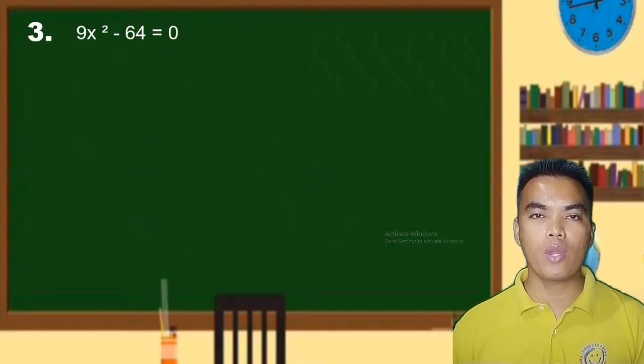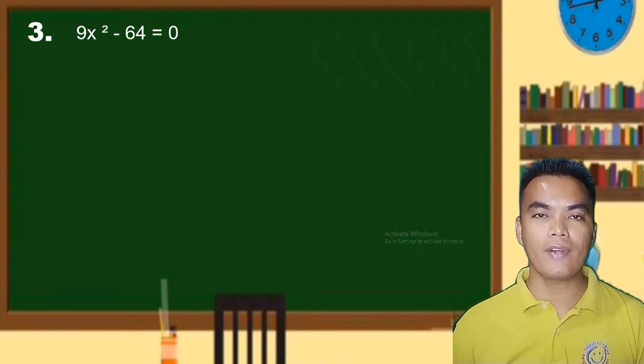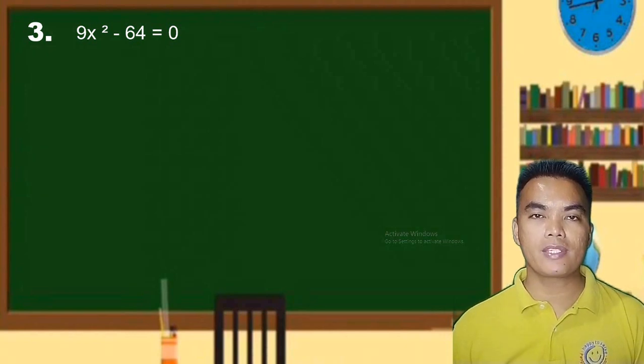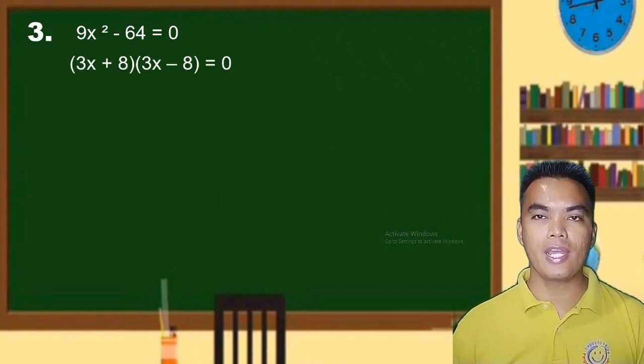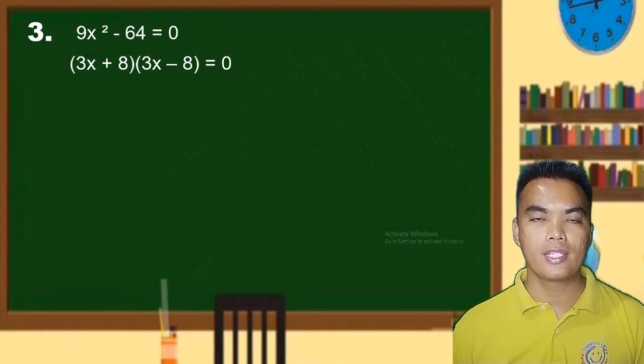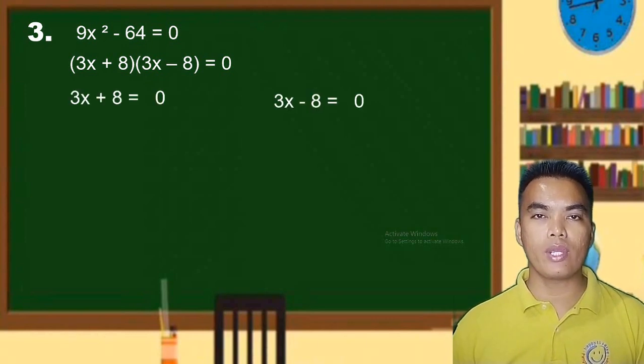We have 9x squared minus 64 equals 0. So this quadratic equation is the difference of two squares because 9x squared is a perfect square as well as 64. So we have 3x plus 8 times the quantity 3x minus 8 equals 0. So we can form two equations.